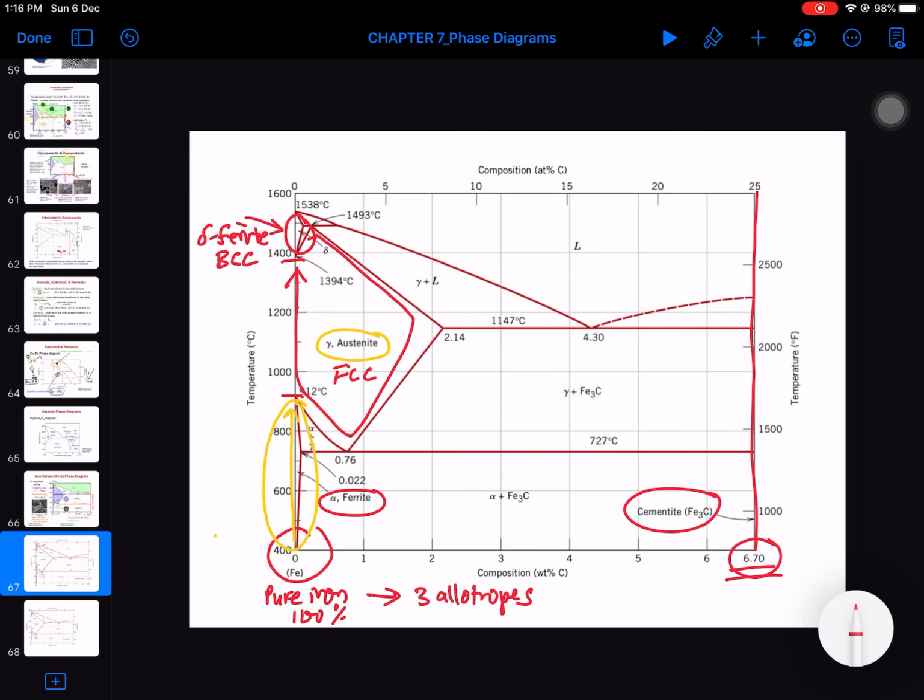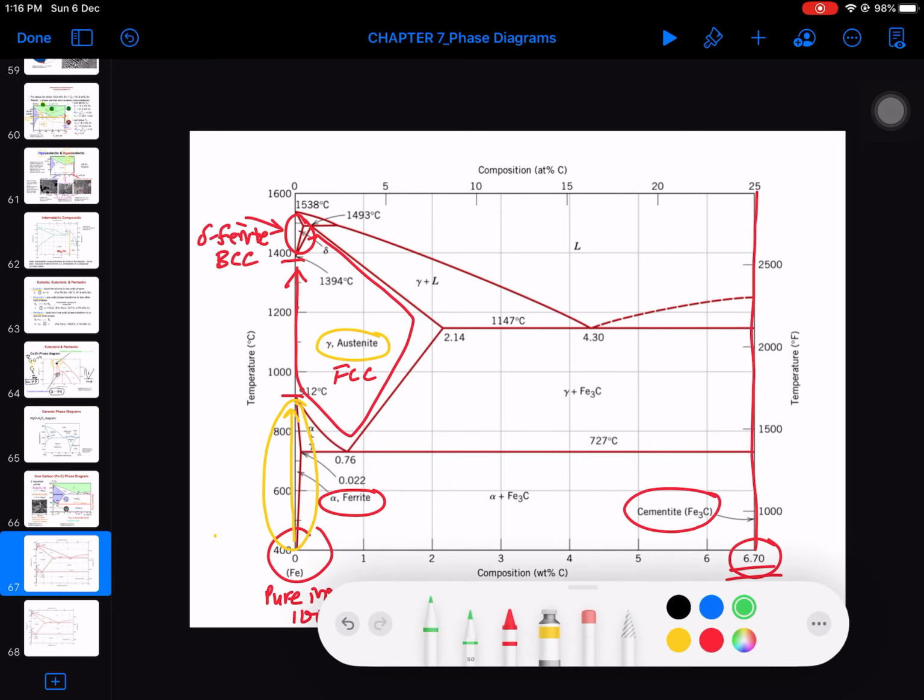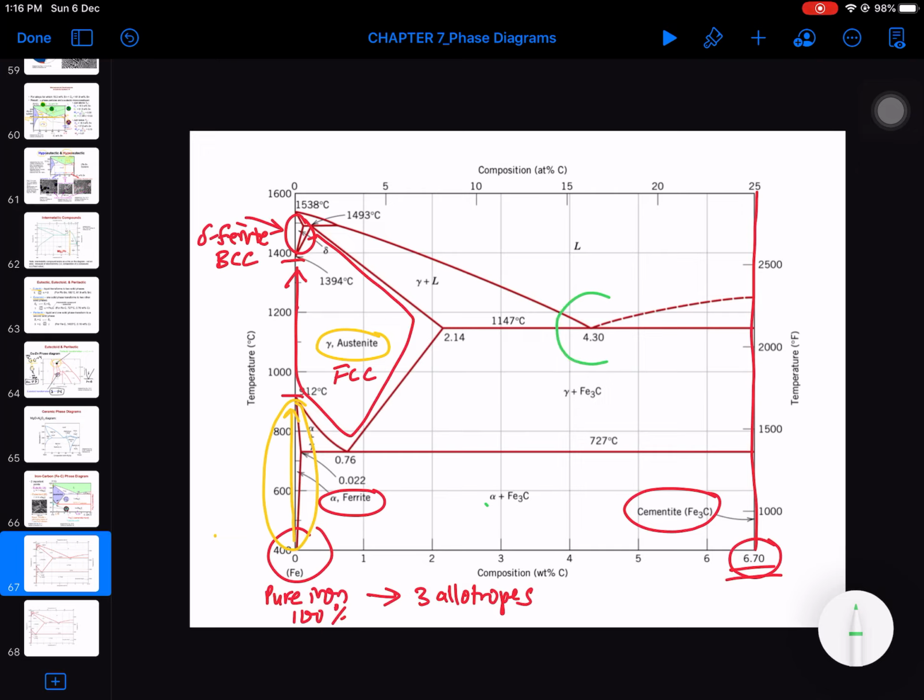And in this particular phase diagram, there are two very important invariant points. The first one is at this point. This is the eutectic point.